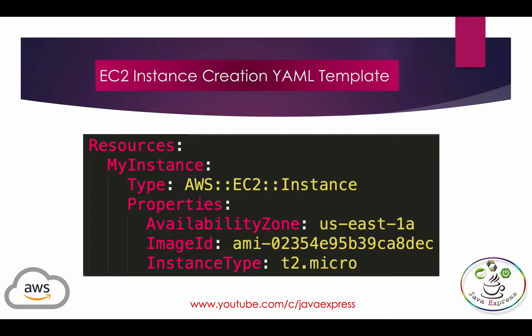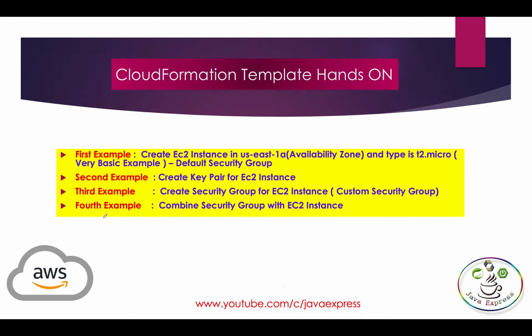Okay, so this is the template we discussed in the previous video. I hope you are clear on where to pick the type, availability zone, image id, instance type, everything I explained in my previous video. As per my promise, I completed the first example.